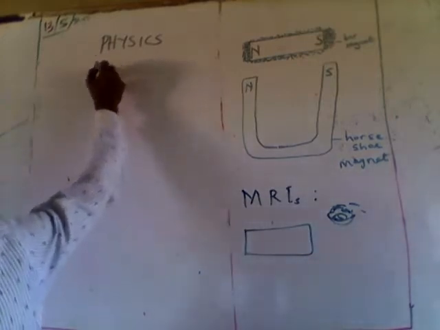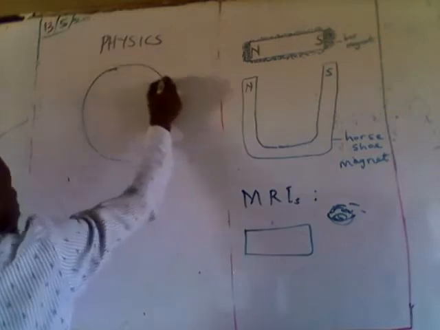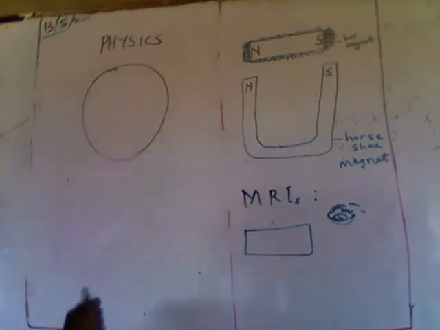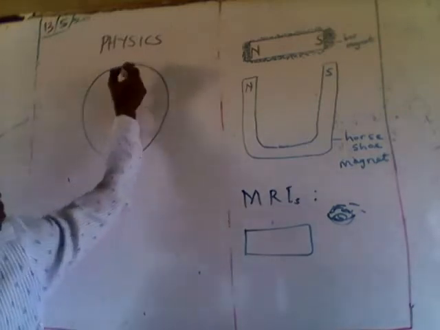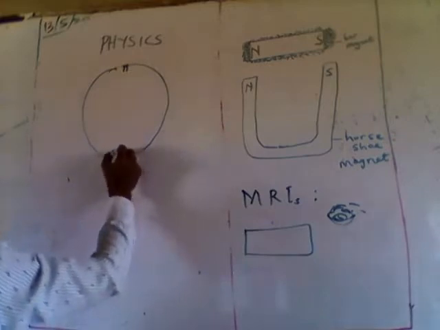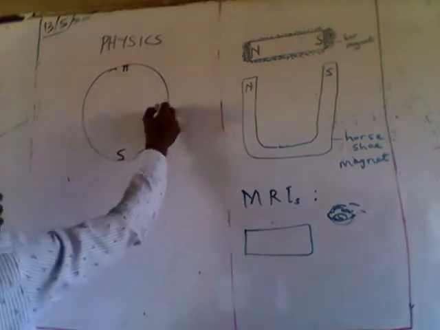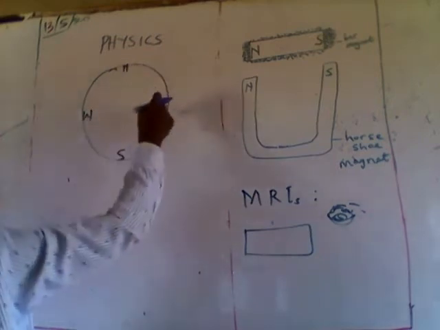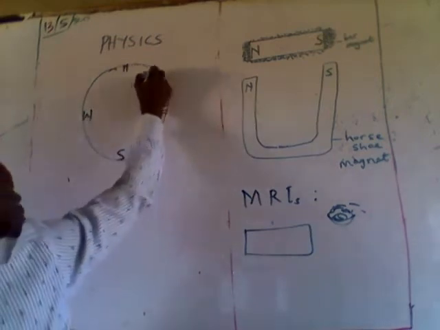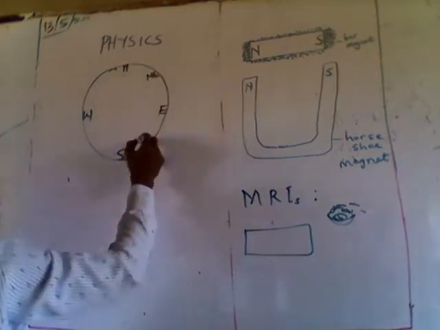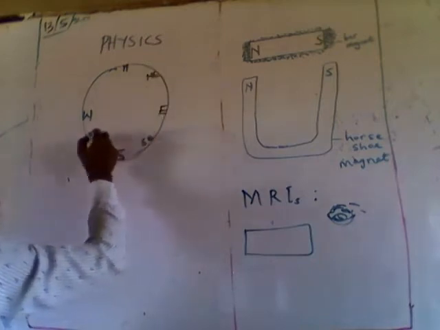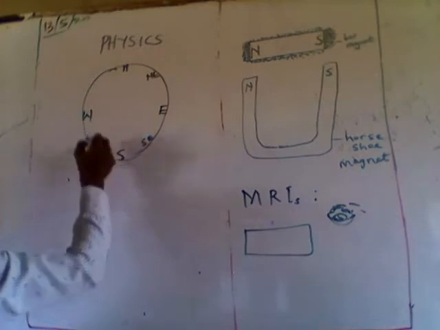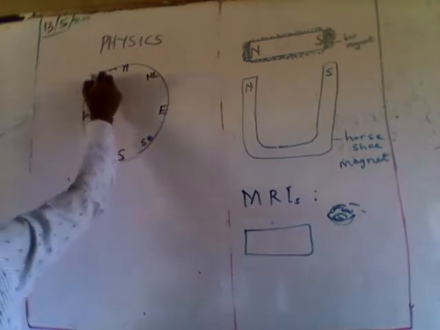So, for example, this is a diagram of a compass. We have north at the top, while the bottom will be south. We have the east here and the west here. Between the north and east, we have the northeast, and we also have the southeast here, while we have southwest here and northwest here.